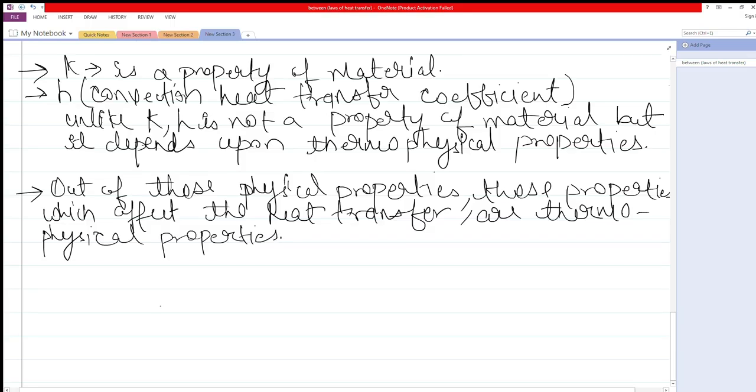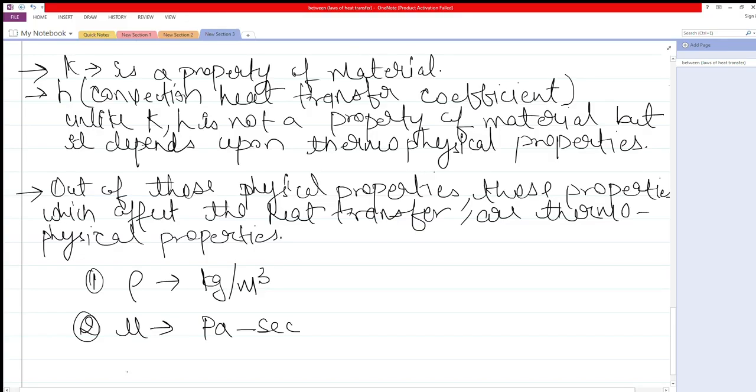There are four such properties that we will be studying in heat transfer. The four thermophysical properties are: first, density, its unit is kg per meter cube. Second is dynamic viscosity of fluid, Pascal second.